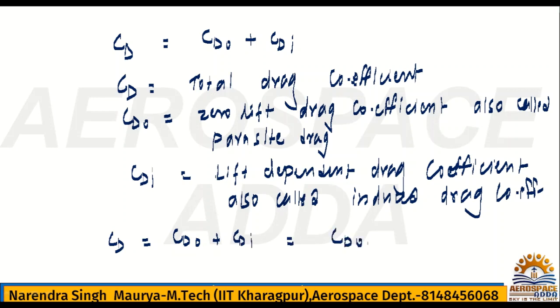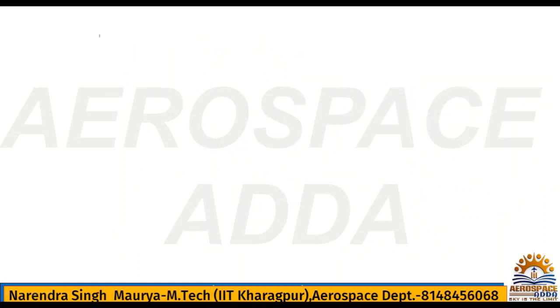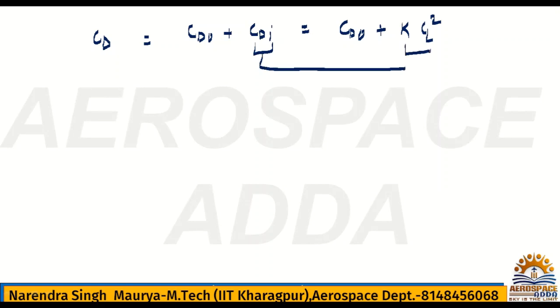This CD naught plus CDI, also you can write as K CL square. So CDI is the induced drag coefficient. So K will be what? Lift dependent drag coefficient factor.